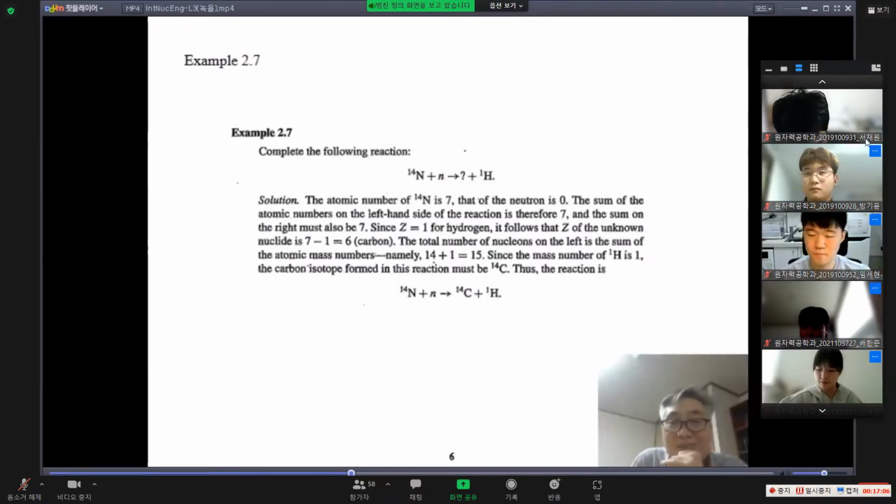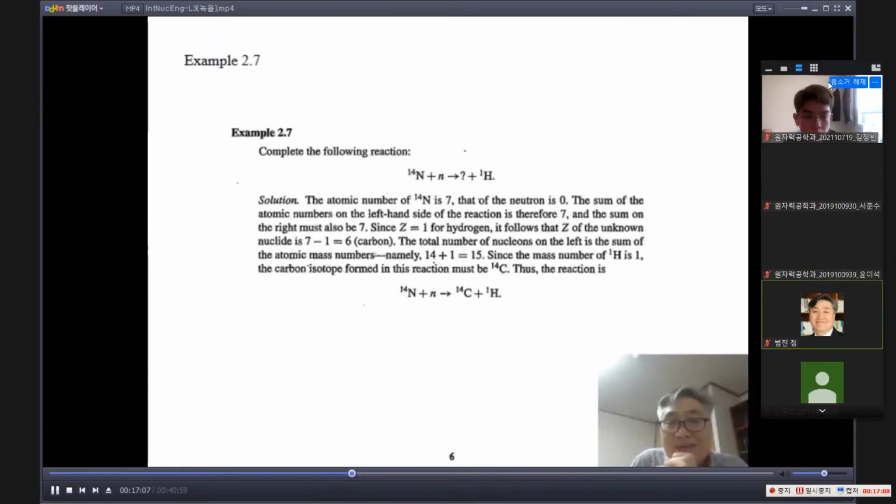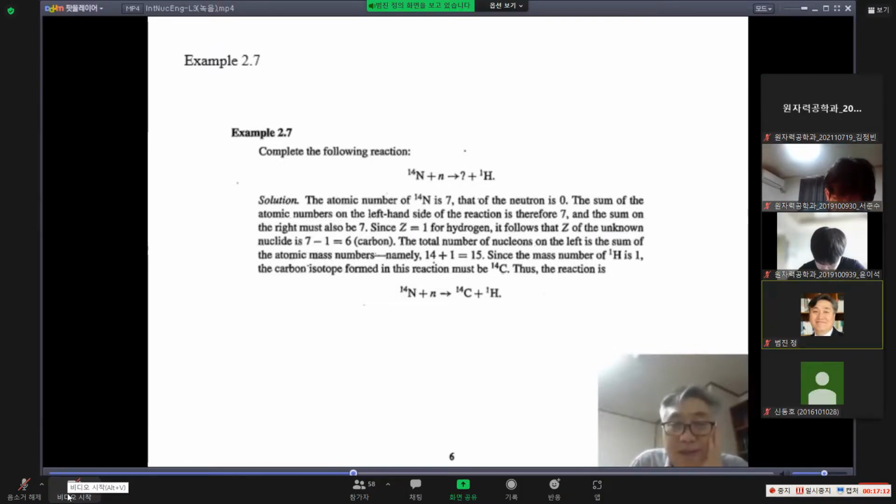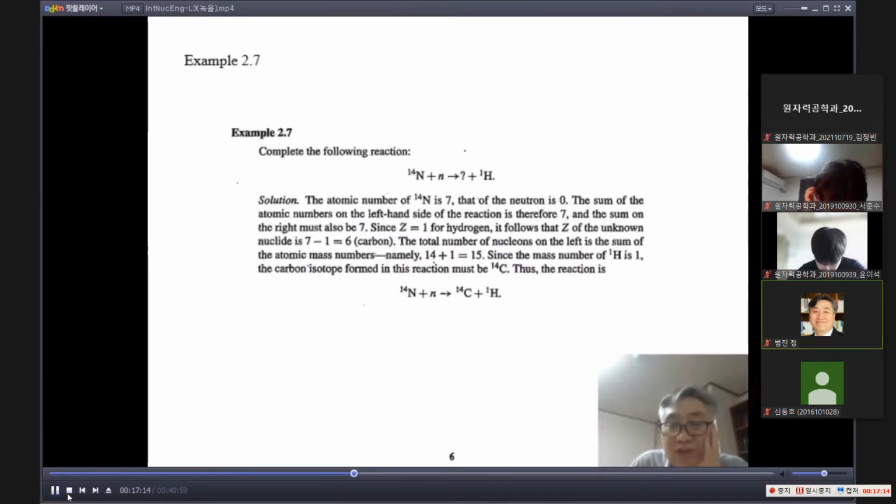Now, example 2.7. Complete the following reaction. So, nitrogen 14 and neutron. That means neutron is the projectile and nitrogen 14 is the target. And the product is hydrogen. And what will be the other product? So the number of nucleons should be preserved.